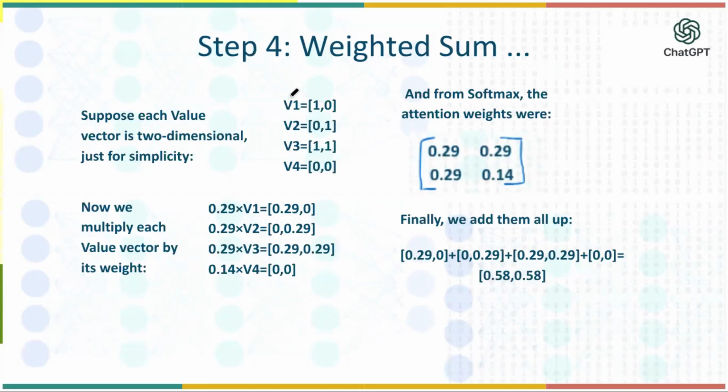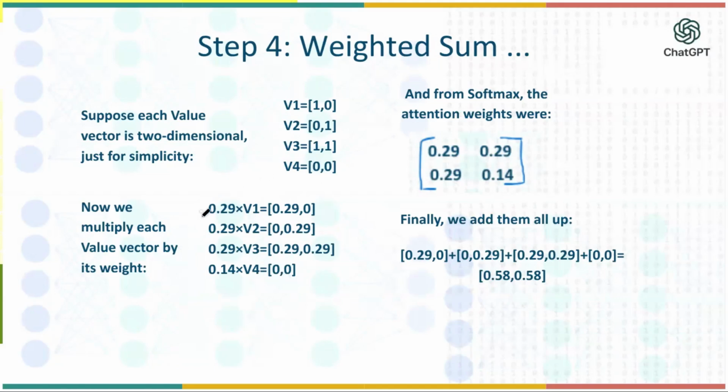Suppose each value vector is two-dimensional: (1, 0), (0, 1), (1, 1), (0, 0), just for simplicity. And from the softmax, we already calculated the attention weights. The attention weights were 0.29, 0.29, 0.29, and 0.14. Now we multiply each value by its weight.